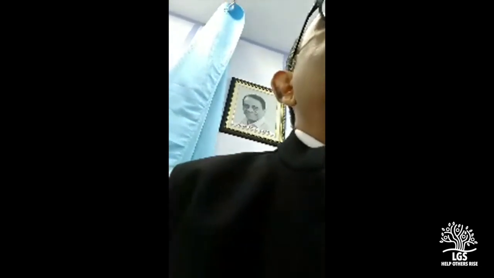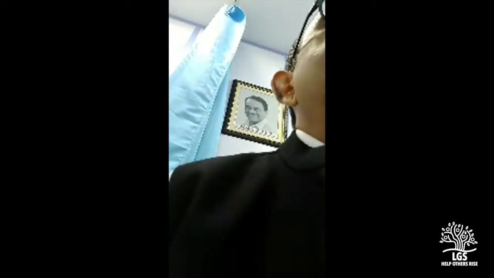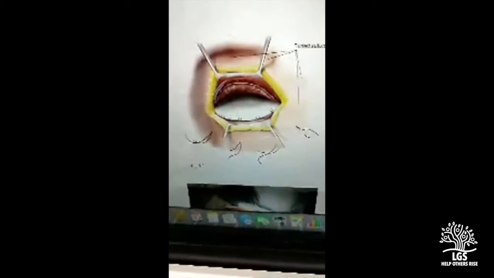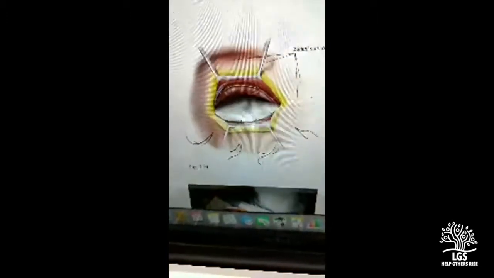And maybe I can share with you a picture of how the transfascial sutures are fixed in the skin.